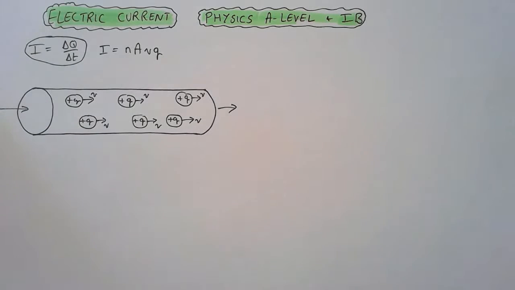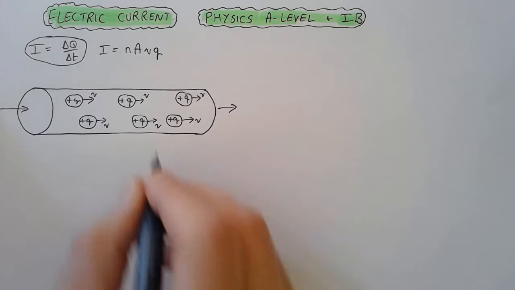It could be like a beam of protons, for example, at the Large Hadron Collider. And of course I've only drawn 6 charges, but there might be billions of charges moving through. So to find the current, we need to find the total amount of charge passing per second.